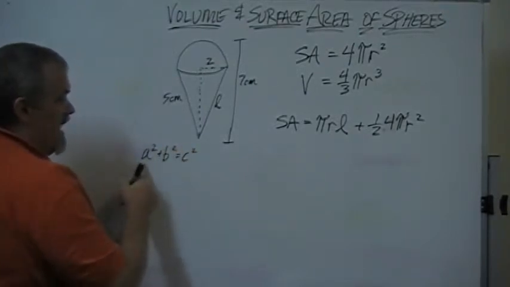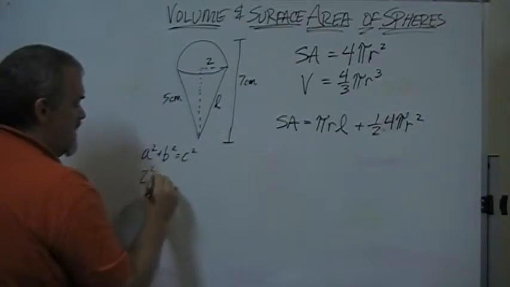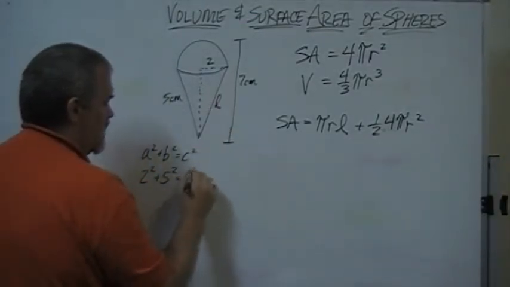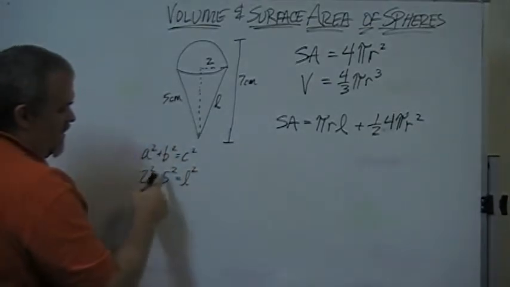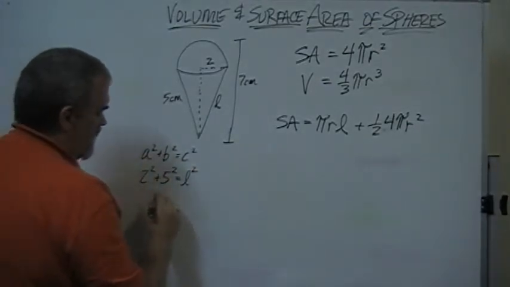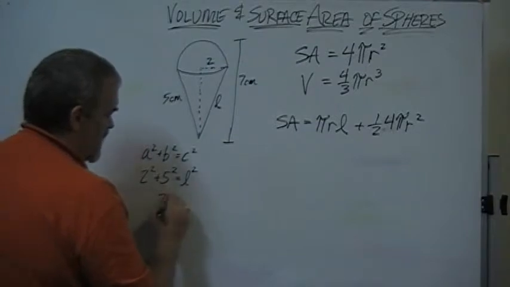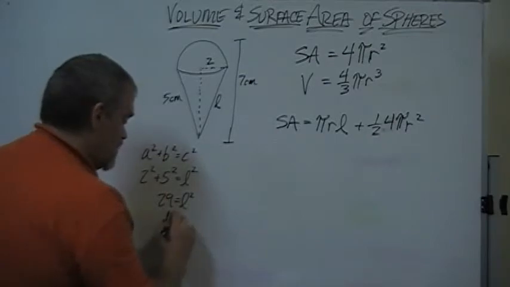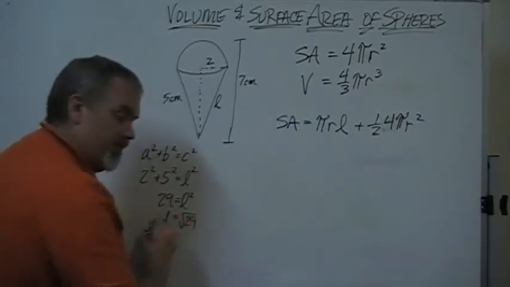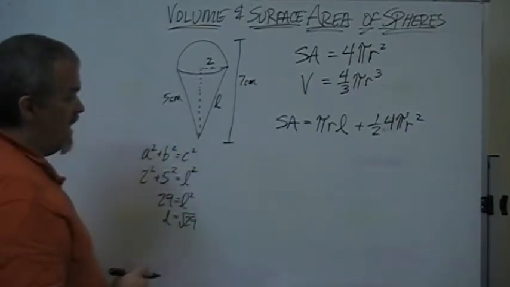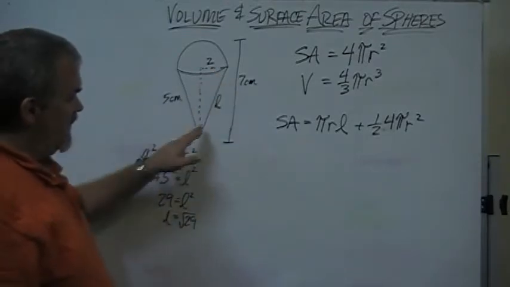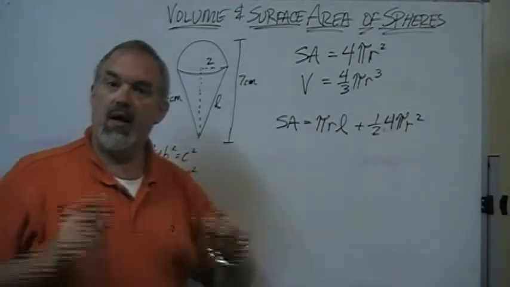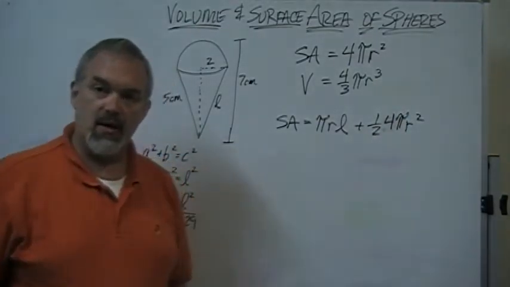In this case, 2 squared plus 5 squared equals L squared. 2 squared is 4, 5 squared is 25, so 4 and 25 is 29, which is equal to L squared, which means L equals the square root of 29. Okay, square root of 29. So with that number, I can figure out L. We put that in. We've already figured out r. Plug it all in your calculator, and you'll get your answer.